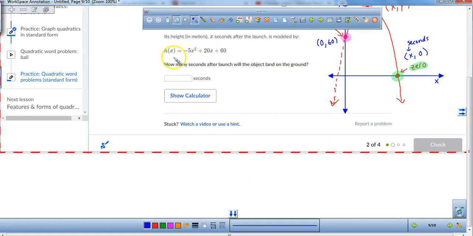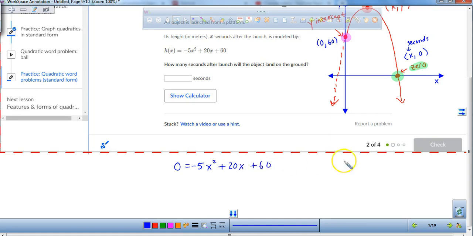Basically, we're going to make h of x equal to 0. So I'll put 0 equals negative 5x squared plus 20x plus 60. If I were to do this by hand, the first thing that I would do is just divide everything by negative 5, just to make it easier, which should allow me to factor it pretty easily.